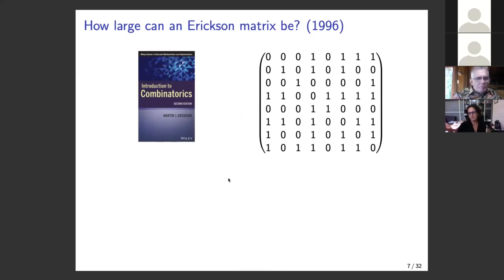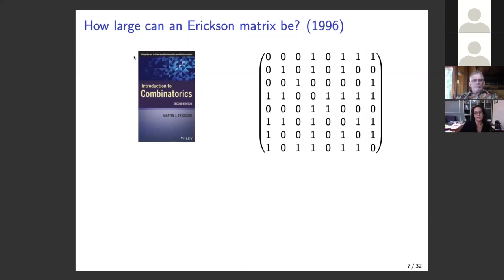Can you build a bigger Ericsson matrix? Here is an 8 by 8 Ericsson matrix. You can check there are no constant squares here. And the question is, how large can we go?